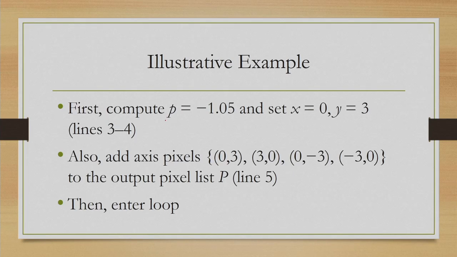First stage is to compute p, which is 5 by 4 minus r, which gives us this value, and we start with this point by rounding off r to 3, and we get this point as the first pixel in our list, and based on this first pixel we add other 4 pixels in the output list. Then we enter the main loop.